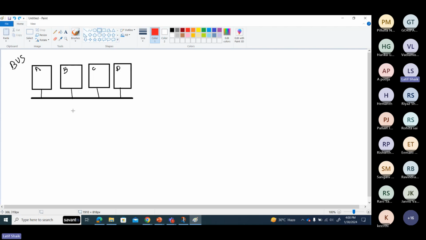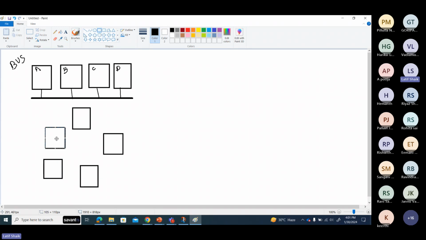The next topology is ring topology. Here, one device is connected to another device, which is connected to another device. Like this, it is connected. Of course, it is also very easy to configure.